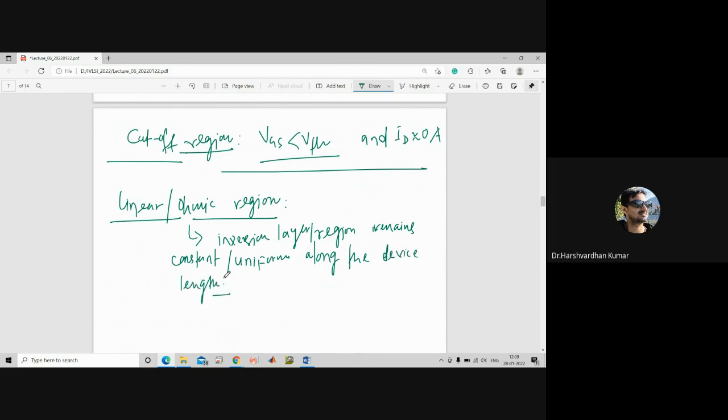But the question is why it is uniform, why it is constant along the device length.